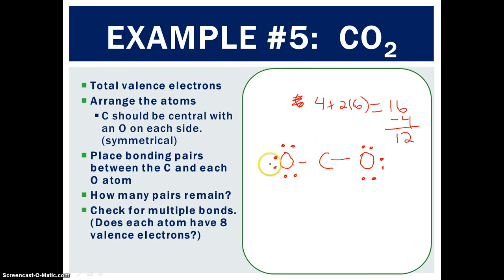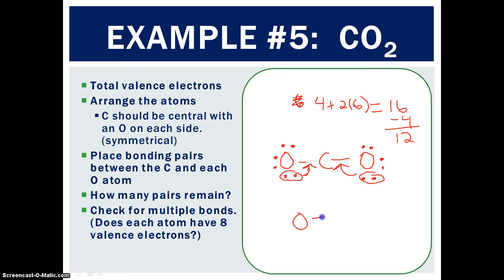Well, this oxygen has 2, 4, 6, 8. That one's good. This oxygen has 2, 4, 6, 8. That one's good. But the carbon only has 2, 4 electrons. It needs to have more sharing. So I'm going to take 2 from that oxygen, 2 from that oxygen, and share more.